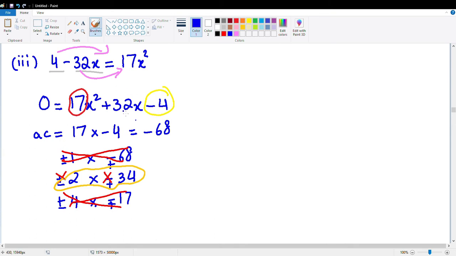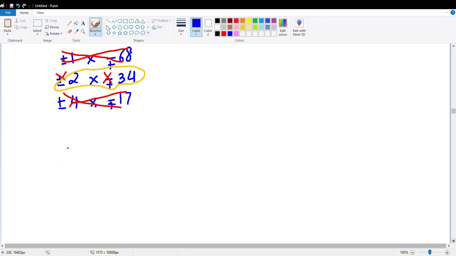That's what we're going to split this 32x into. So when we do that, we'll get 17x squared plus 34x minus 2x, minus 4 equals 0.